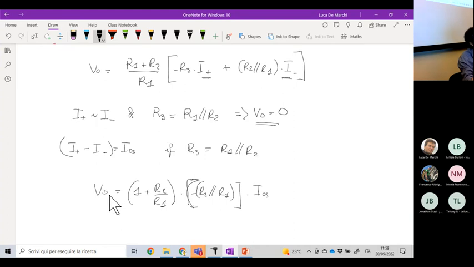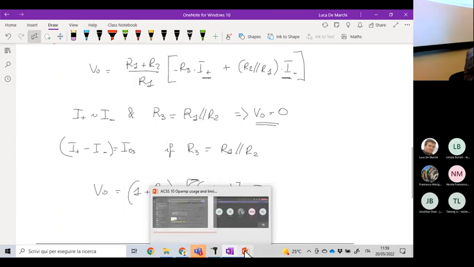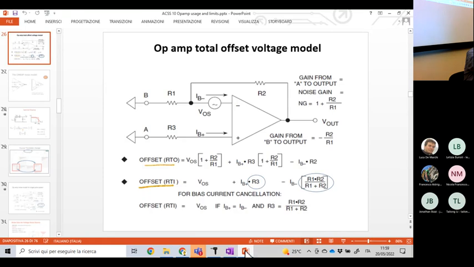So this is a sort of offset voltage induced by the difference between the currents entering the two branches of the op-amp. The total offset effects are represented here.